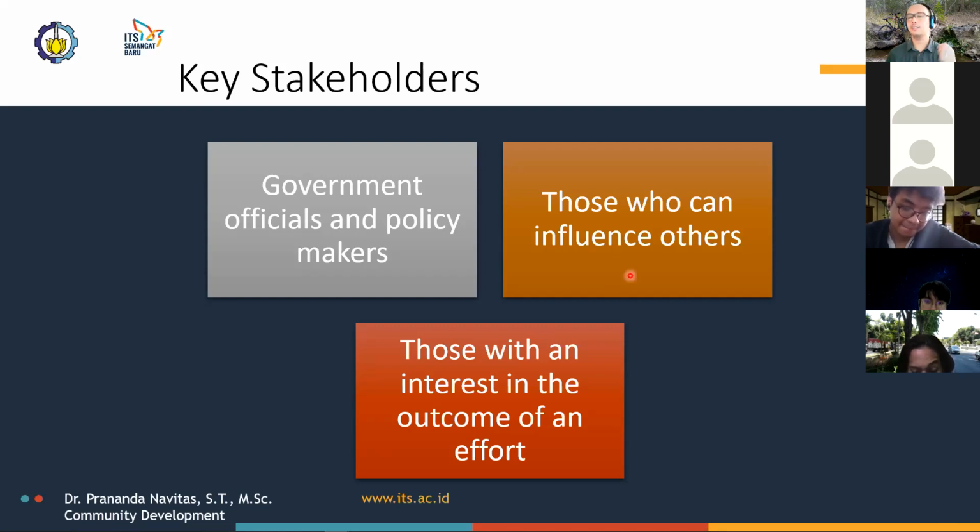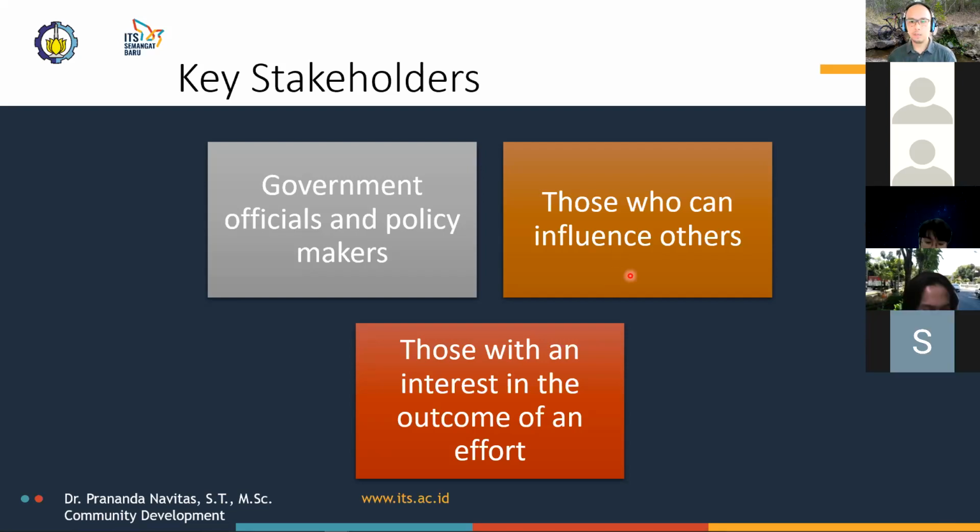Elders, tatua, those are community leaders, religious leaders in our case. They are significant influencers.